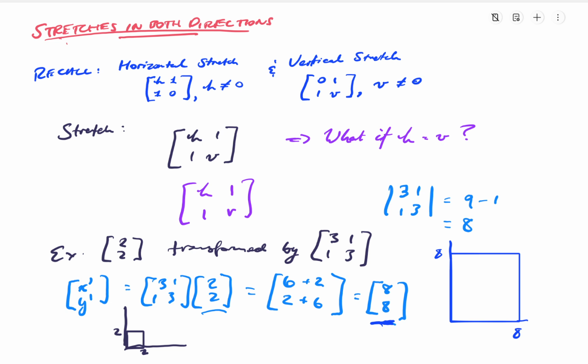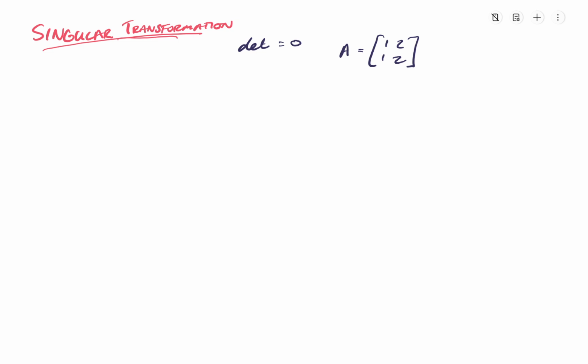All right, so now we're going to address what happens when the determinant of our transformation matrix is equal to 0. We're going to see what happens if we transform x and y by this matrix. To see the determinant is equal to 0, we can notice that there are two identical rows, which means that if we do row operations, we'll get only one leading one and a row of zeros.